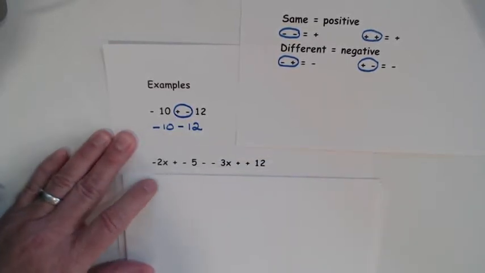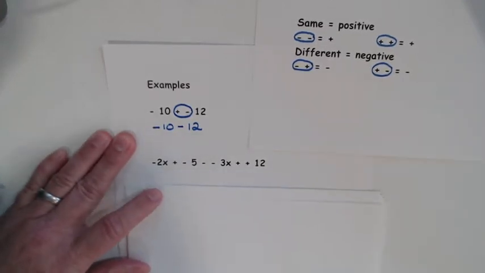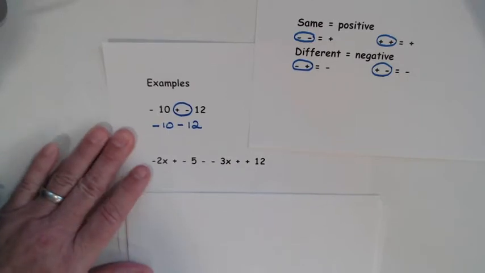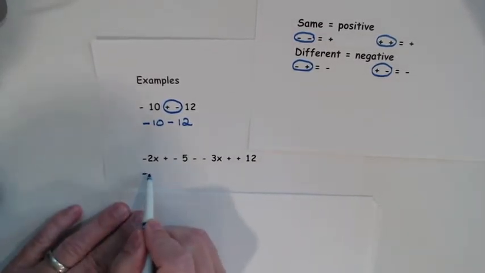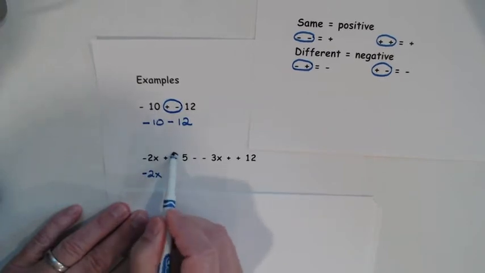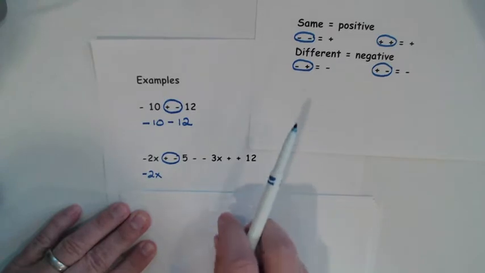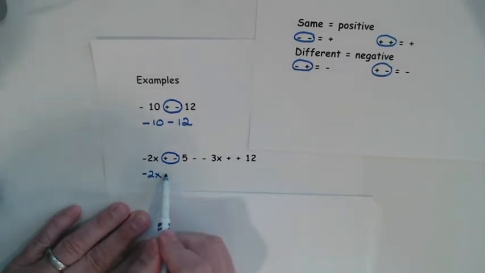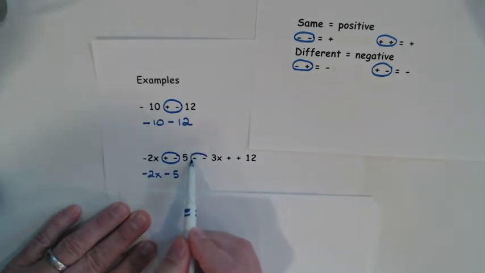Or they'll give you a problem like this. Okay, I need to rewrite this problem because right now it's got way too many signs in it. -2x, I've got two signs beside each other, a positive and a negative. If the signs are different, I write down one negative sign, -5. I've got two signs that are the same.